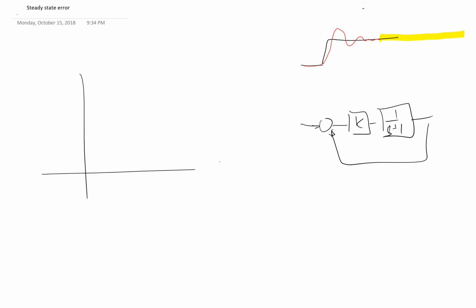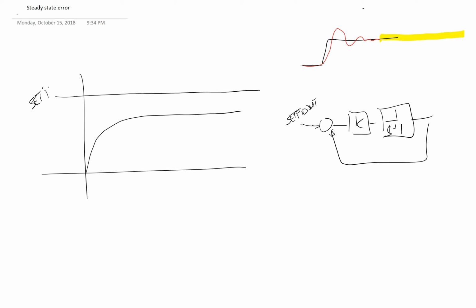Of course, we know that the response of this is going to look like this, but what we really haven't talked about a lot is that our set point in here, I'm going to start calling it a set point, the value that we input here at the set point, in this type of a system, we're never going to reach it. There's always going to be some sort of steady state error.